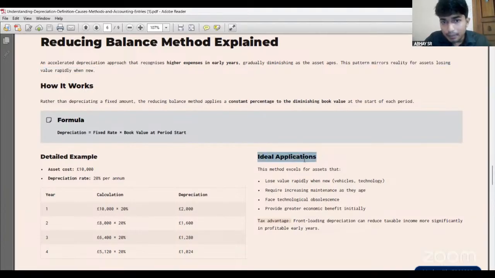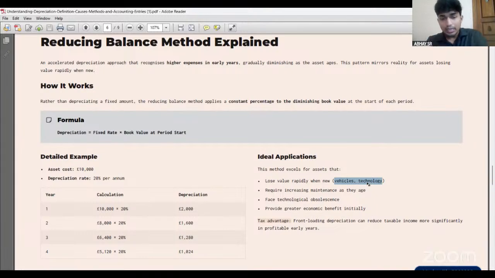So ideal applications are assets that lose value rapidly when new, be it vehicles or technology. Talking about technology, let's talk about iPhones, because I guess it's quite understandable that way. Recently, the iPhone 17 launched. It's 2025 and the iPhone 17 is launched. Maybe next year or in 2 years, the 18 models would come.